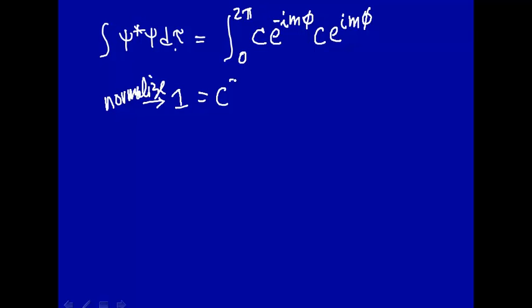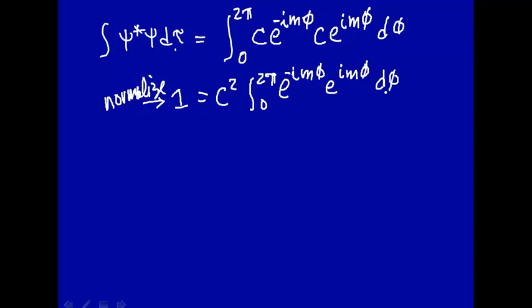So this would be c squared, the integral from 0 to 2 pi of e to the minus i m phi, e to the i m phi, and we're integrating, by the way, over this independent variable d phi. And what is this? Well, that looks like it's equal to 1, right? e to the x times e to the minus x is equal to 1.